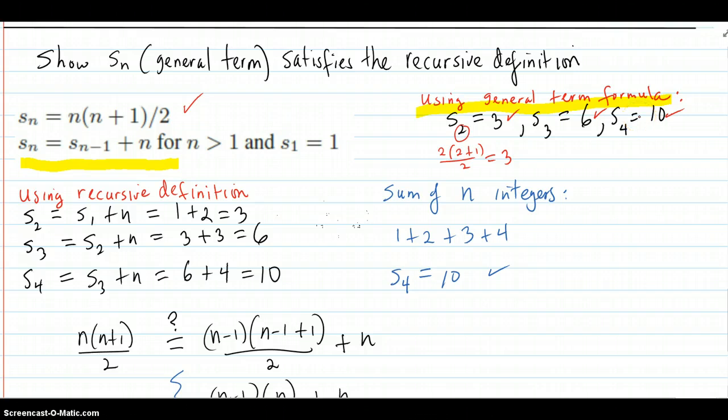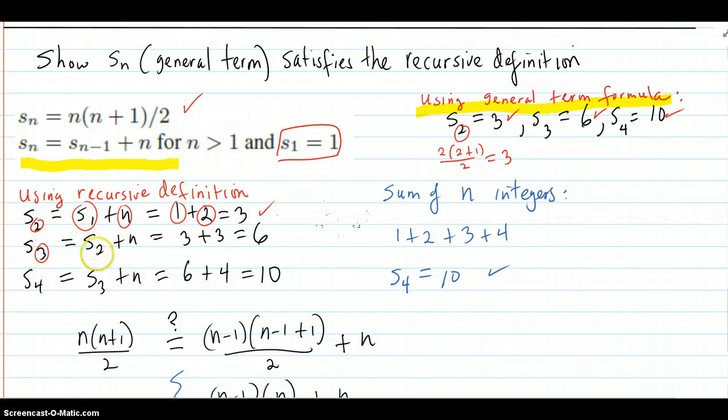Using the recursive definition, it's the previous plus n. So the previous is 1 because S1 was equal to 1 given, plus the n you're on, 2, because your n is 2, is equal to 3. That checks.